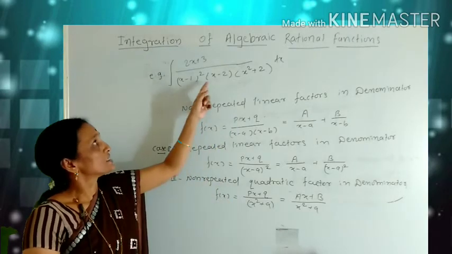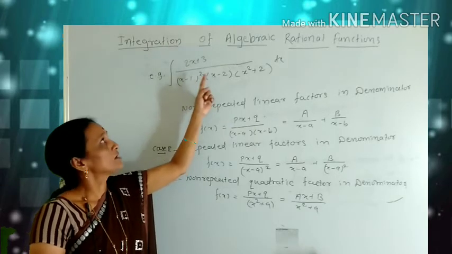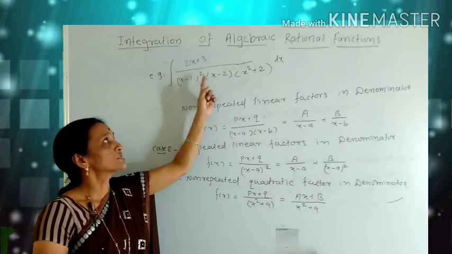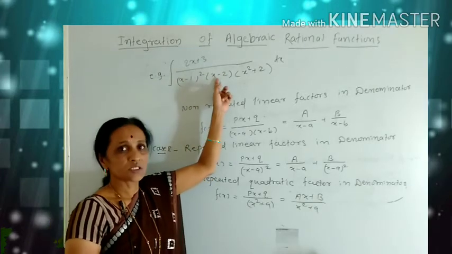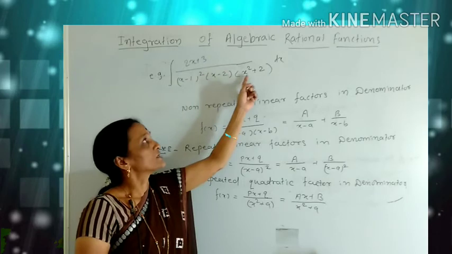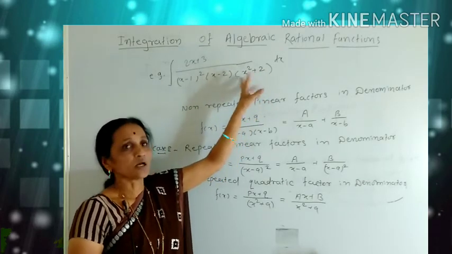In this example, x minus 1 is a linear factor but repeated 2 times, x minus 2 is a linear factor but a single time, and x square plus 2 is a quadratic factor and is a single factor.